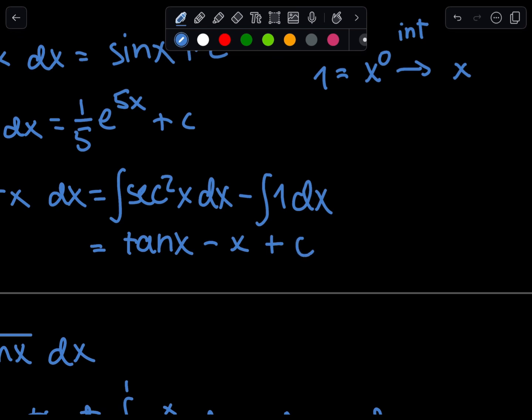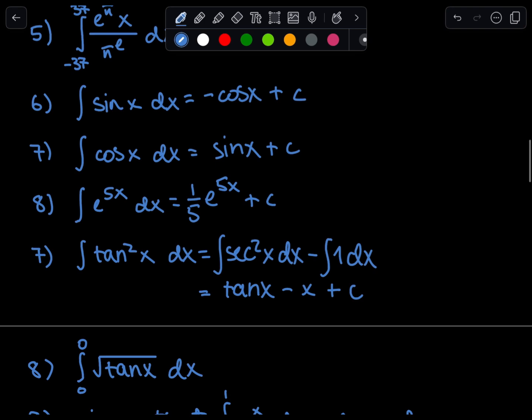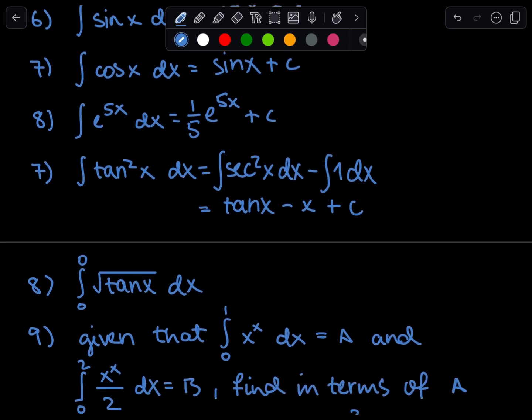And then write plus c. So that's the final answer: the integral of tangent squared dx is tangent of x minus x plus c. So whenever you're integrating, it's always a good idea to keep in mind all of the things you learned before calculus. So that's trigonometric identities, rules of logarithms, exponents, and so on.